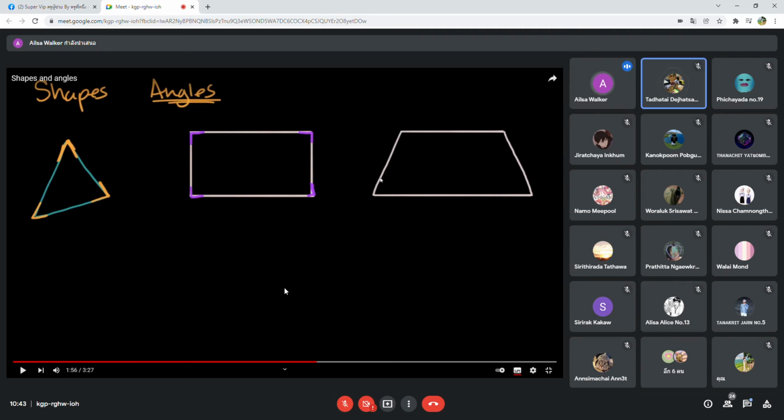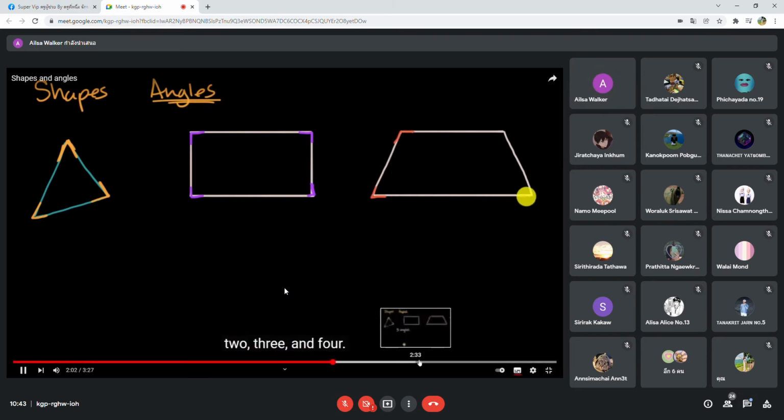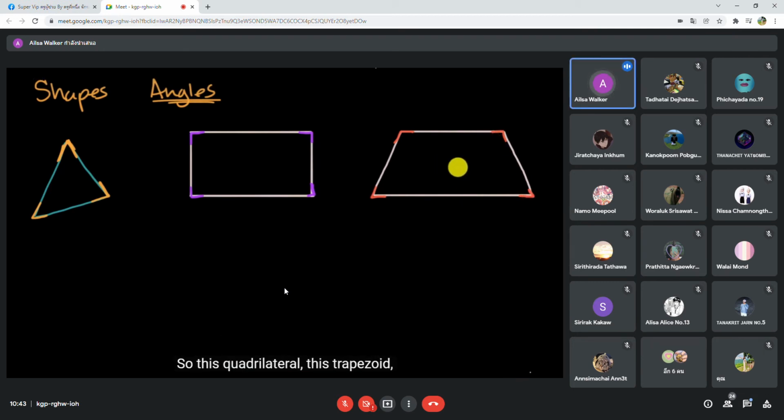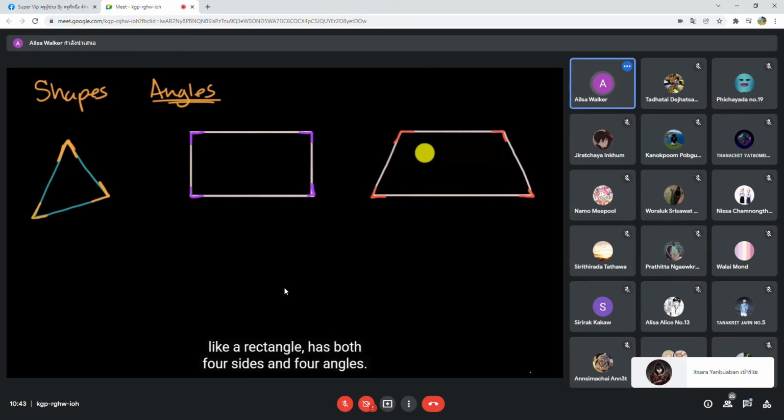4. Yes. 1, 2, 3, 4, okay? Good job. Well, let me count them again. So we have one angle right over here, 2, 3, and 4. So this quadrilateral, this trapezoid, like a rectangle, has both 4 sides and 4 angles.